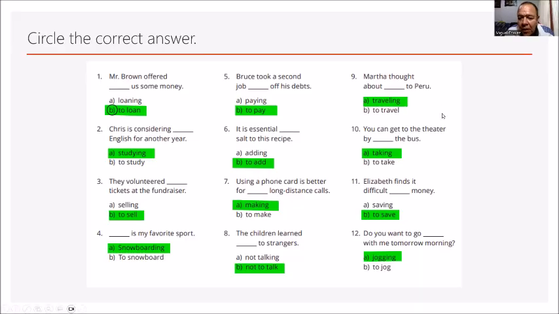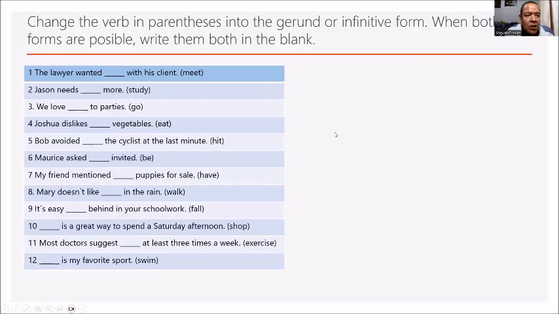Let's continue with another exercise. Change the verb in parentheses into the gerund or infinitive form. When both forms are possible, write them both in the blank. Number 1. The lawyer wanted to meet with his client.